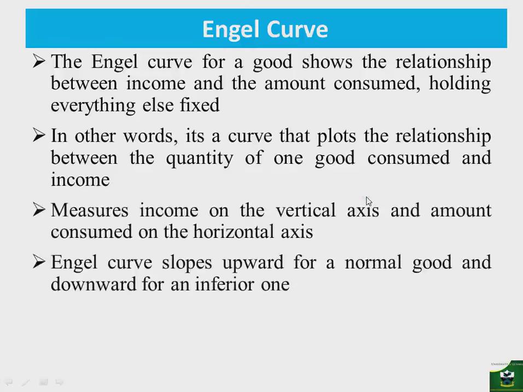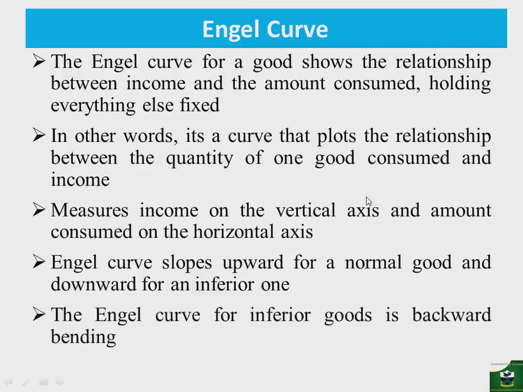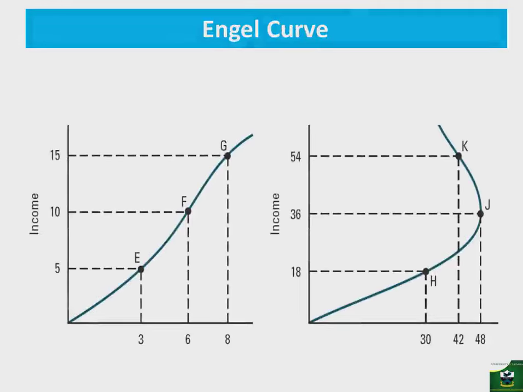So the Engel curve slopes upwards for a normal good and slopes downward for an inferior good. The Engel curve for inferior goods is backward bending. It should be noted that as you increase, it will move to a certain level and then start bending backwards. So on the next slide, I'll show you how these curves are presented. So here we go.